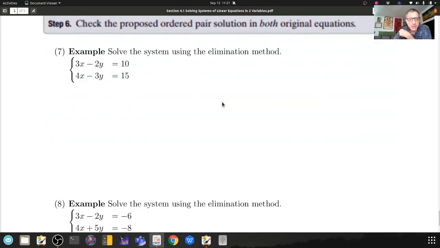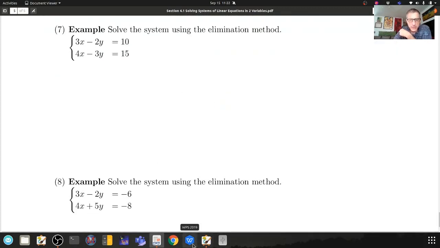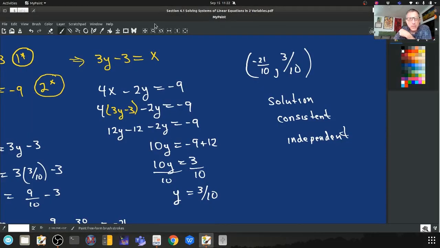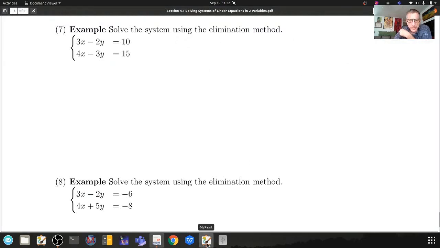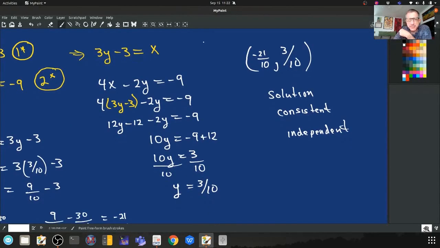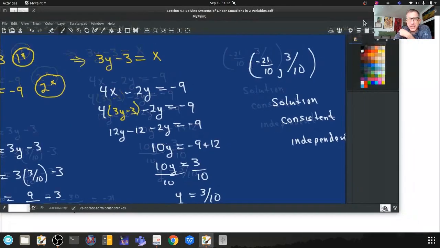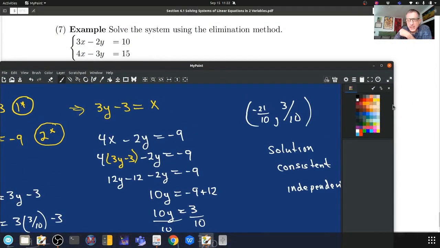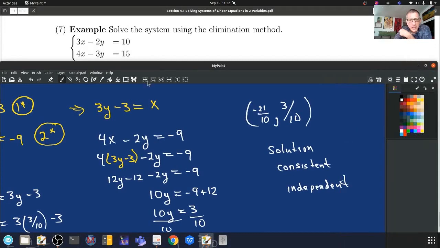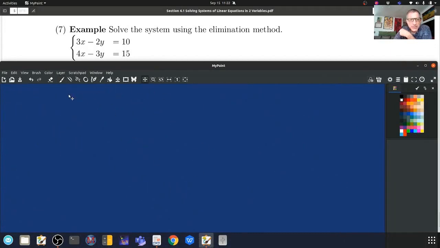So let's just do this. You can read through these. You will be required to solve equations both ways on the exam. Okay, here we go. So let's solve this system.